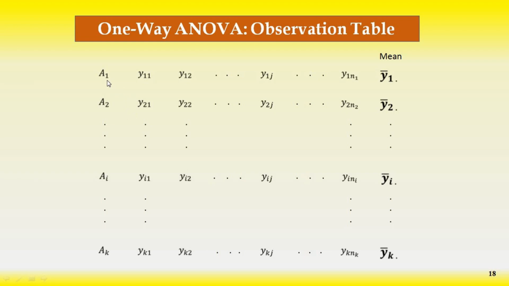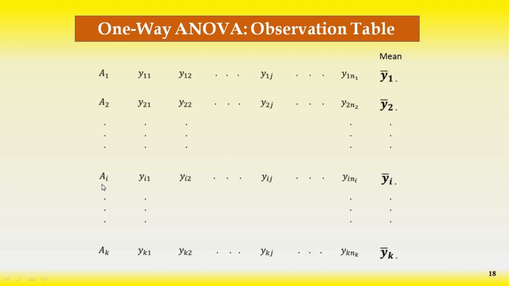Next, this is the one-way ANOVA observation table. Here you see A1, A2, Ai, up to Ak, and on this side Y11, Y12, up to Y1j, up to Y1n1 for A1. The mean for this is Y1 dot bar. For A2: Y21, Y22, up to Y2j, up to Y2n2, and the mean for this is Y2 dot bar.